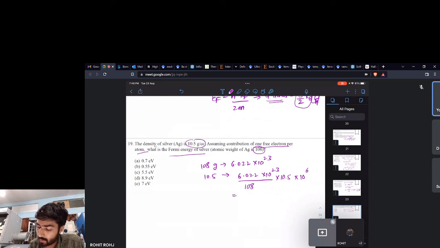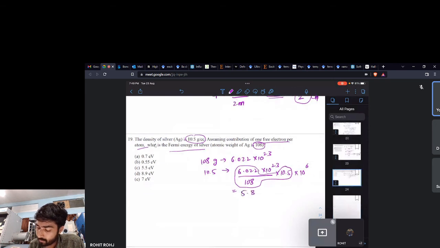If you evaluate this number, this is nothing but 5.85 into 10 to the power 28 per meter cube. This is the value of n we have.